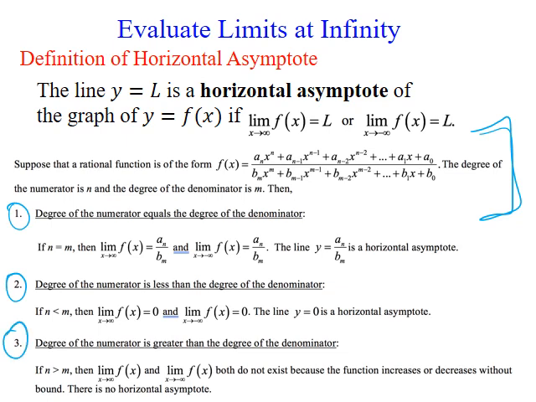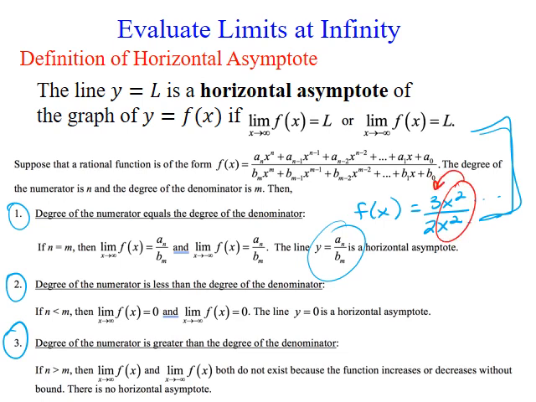If the degree of the numerator is equal to the degree of the denominator, then the horizontal asymptote is just the ratio of the coefficients. Let me give you an example. If f of x is equal to 3x squared over 2x squared, and of course, there can be other things included in this polynomial, but the thing you want to notice is that these are the same.